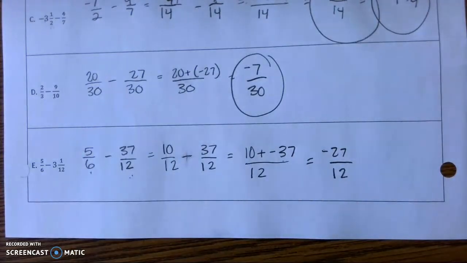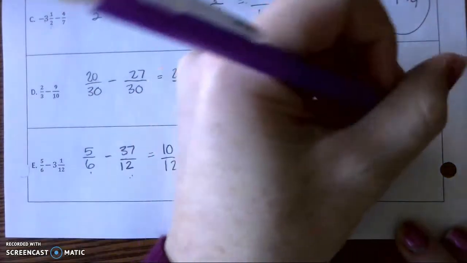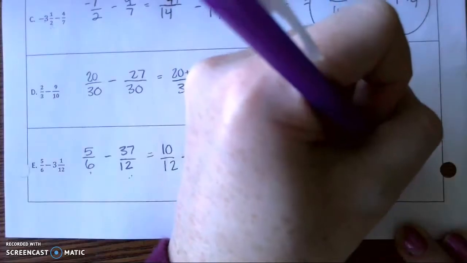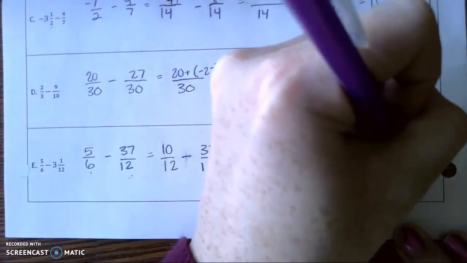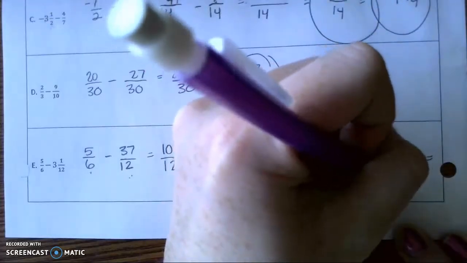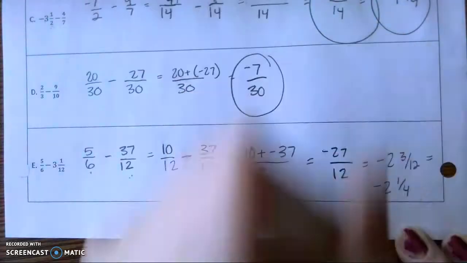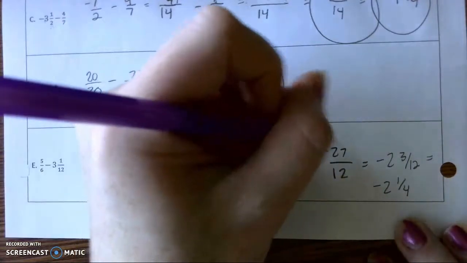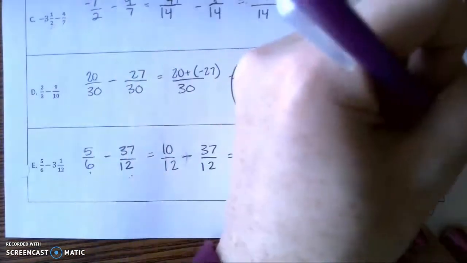So from there, I can change it to a mixed number. And so my mixed number would reduce down from negative 2 and 3/12 to eventually negative 2 and 1/4. So this is my answer right here.